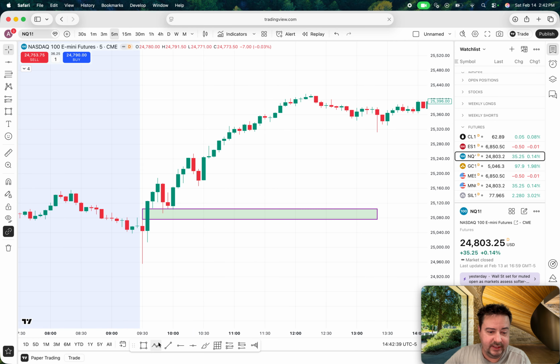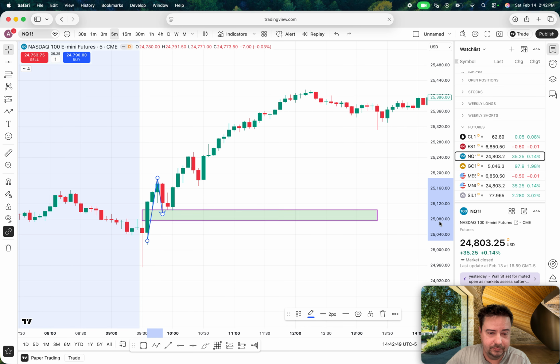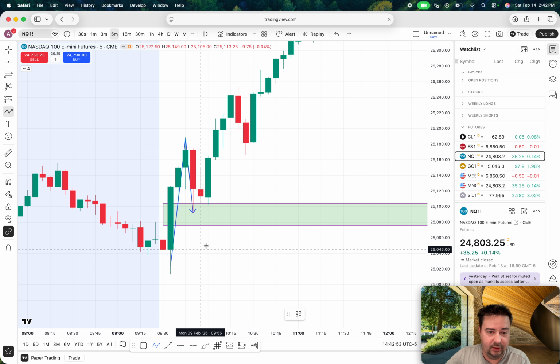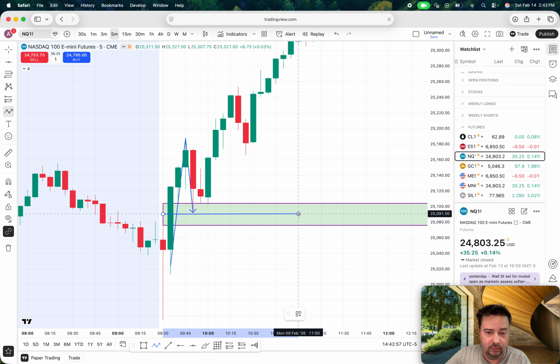So what does price action do? It moves up in such a large amount in a quick amount of time. It created the fair value gap, came up to this high. It came down and retested that area. It retests the fair value gap, comes into the imbalance, and then price moves higher out of it.